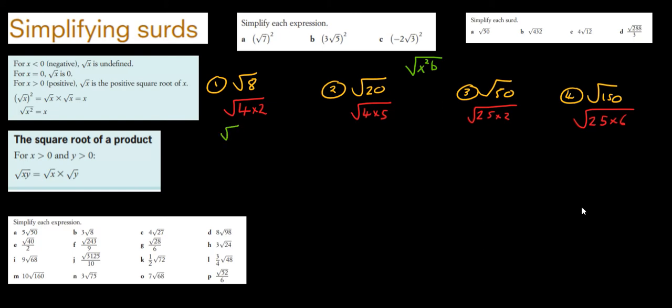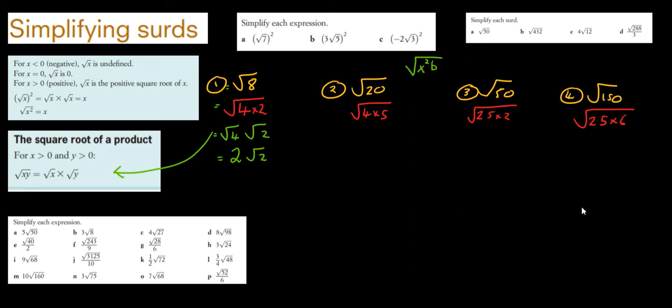So we can rewrite this now as the root of 4 by the root of 2 using this principle. We know the square root of 4 is 2. Let's put some equal signs here. Okay, so pause the video and see if you can do 2, 3, and 4.